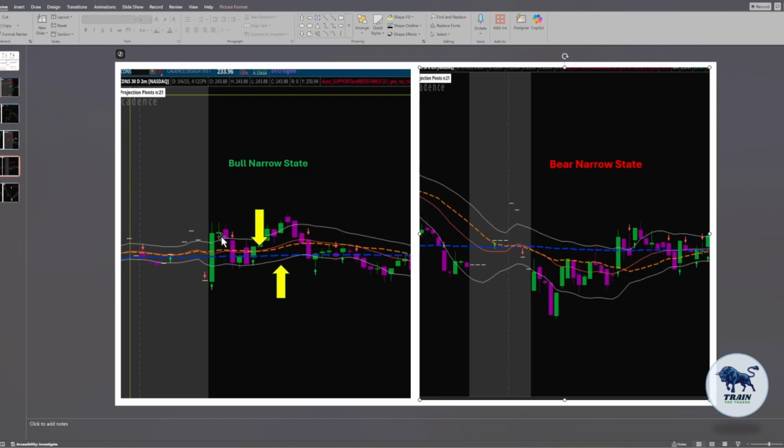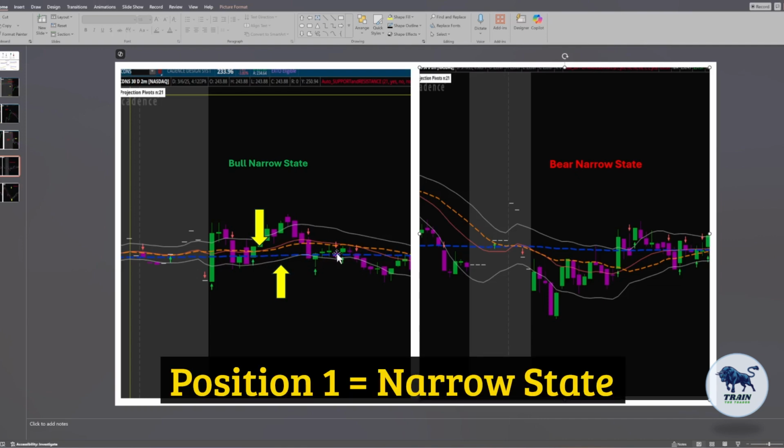So price is here, it's back down, it's up, and it's back down. It's just chopping around right around these because they're in a narrow state. All right, and this is what we call position one. When a stock is in a narrow state, the 20 and the 200 are close together or fairly close together.